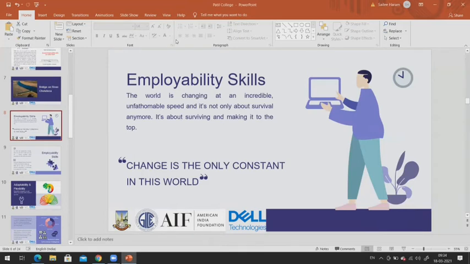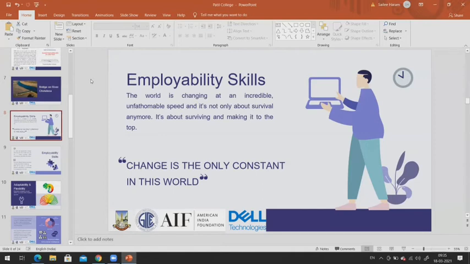Okay. So we'll be moving ahead with the first component, which is very important: your employability skills. But before that, what is employability? Employability is a set of achievements, skills, and personal attributes that makes someone likable in an industry.